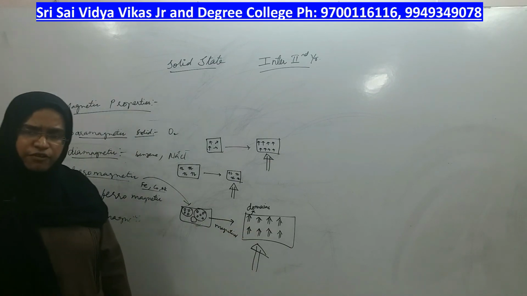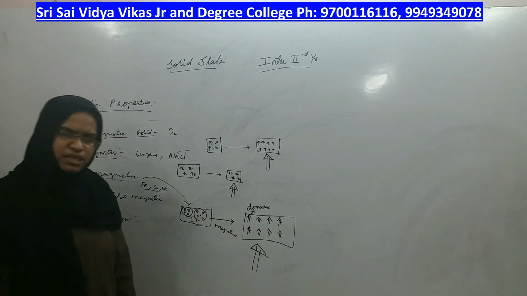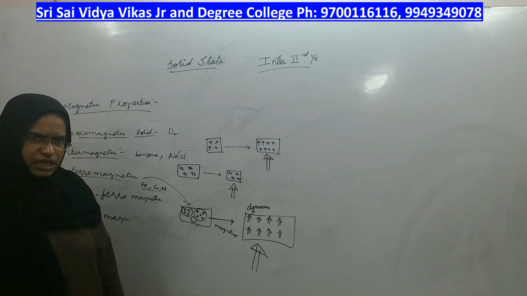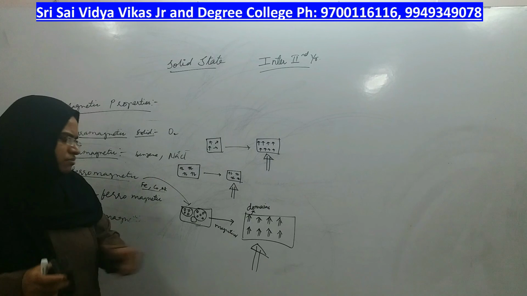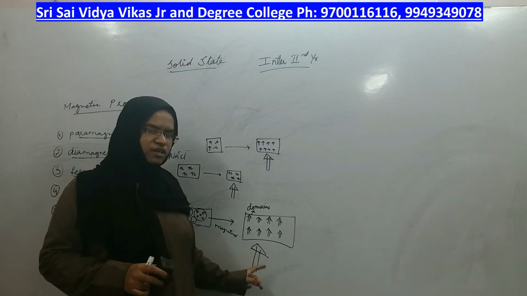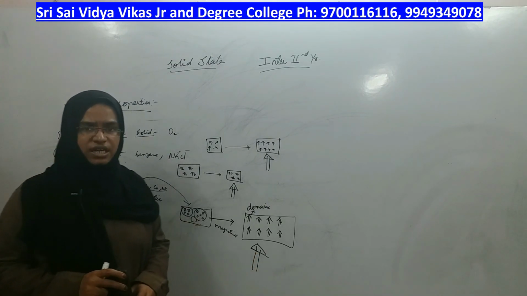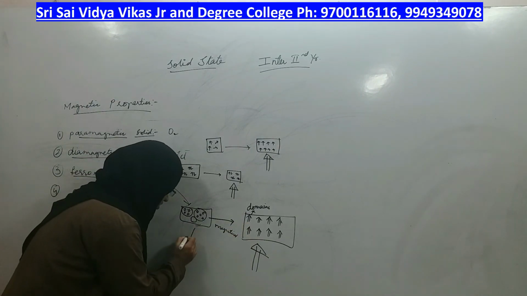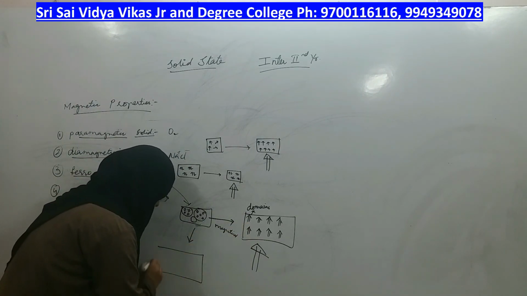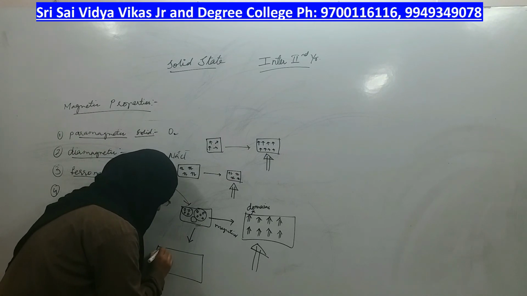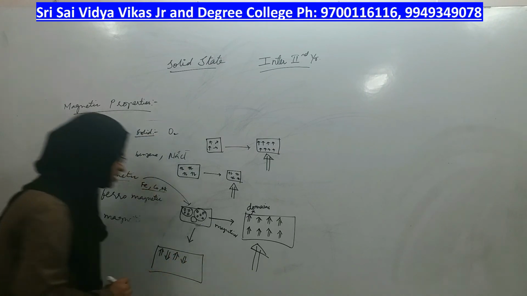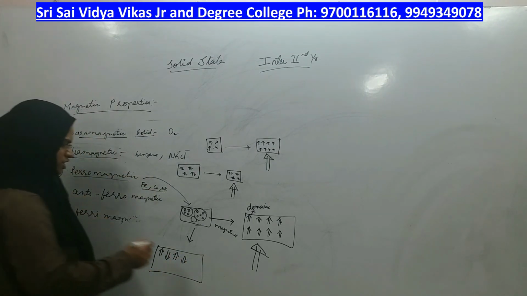But in antiferromagnetic compounds, all the domains which were randomly arranged start to come along with the magnetic field, but they start getting arranged in the opposite direction. The domains start getting aligned in the opposite direction. So the net magnetic moment experienced by the substance will be 0.